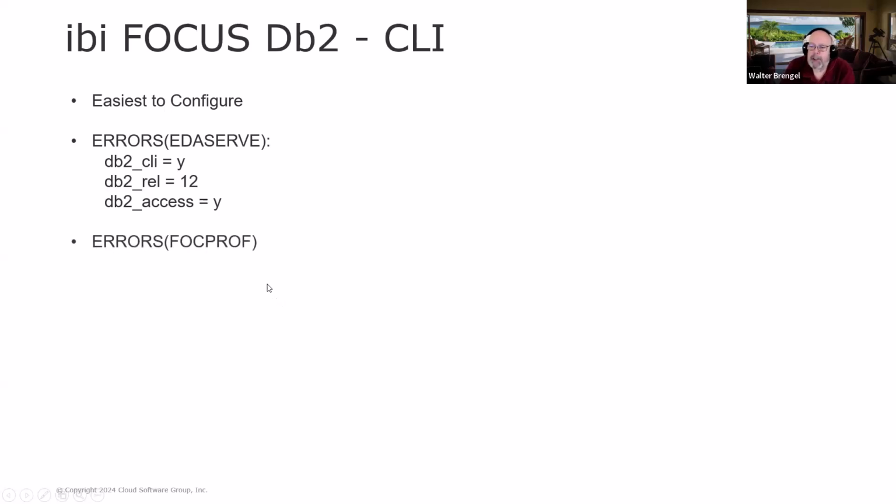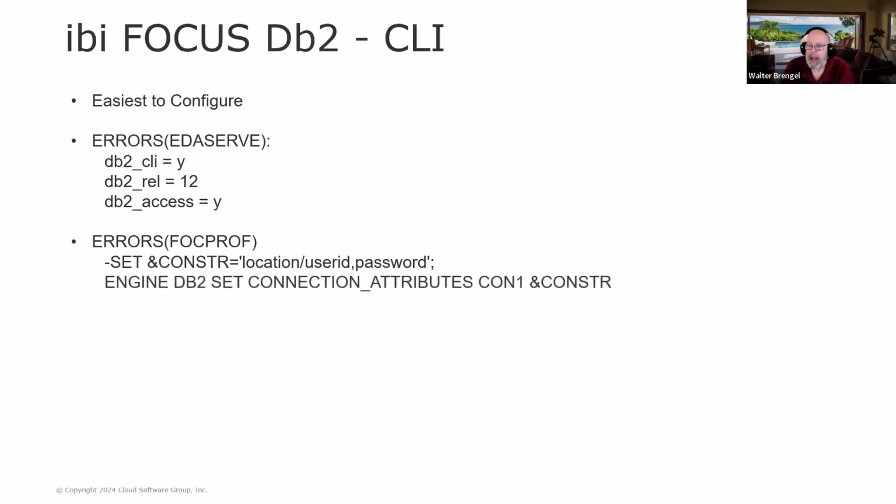Then we're going to create, also in errors, a FOCPROF. In the FOCPROF, I'm going to have to create a setting because I have to do a connection to DB2 using the CLI. So this CONSTR is just a construct of the location. This is your DB2 location, your user ID, and your password. And then we actually execute it by doing ENGINE DB2 SET CONNECTION_ATTRIBUTES.